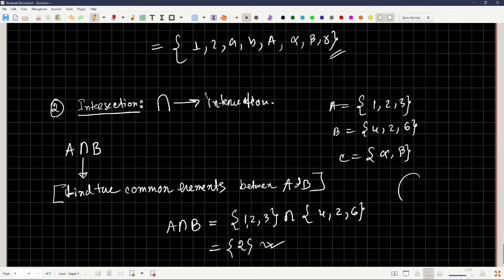With the help of diagrams, this is A and this is B. This is the intersecting region, or the region of intersection. And if you take this particular example, this is where 2 will live because it is in both sets.